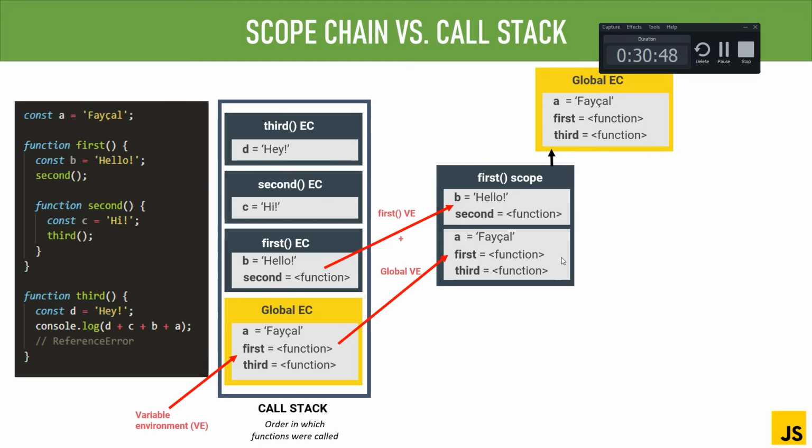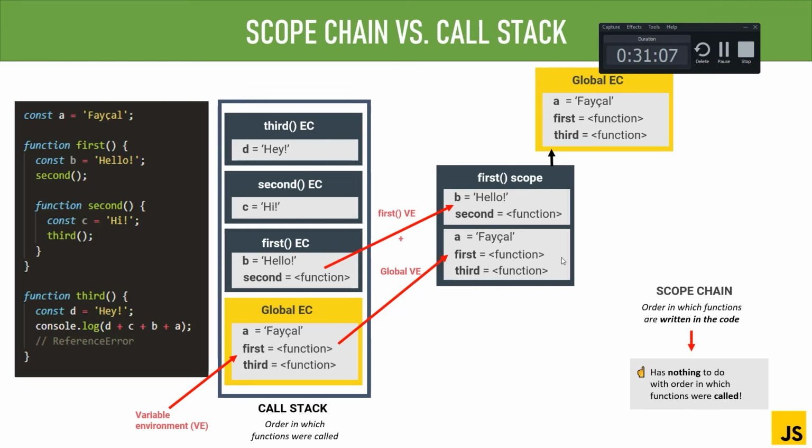Now, as we already know, the scope chain is all about the order in which functions are written in the code. But what's really important to note here is that the scope chain has nothing to do with order in which functions were called. Or in other words, the scope chain has nothing to do with the order of the execution context in the call stack.